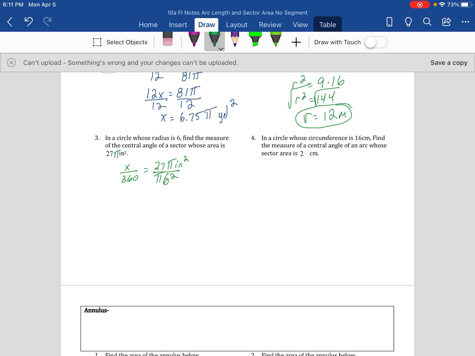I know area is pi r squared, so it's pi times 6 squared. So we have x over 360 is equal to 27 pi over 36 pi. Now what you have to think about is, is this taking up a good portion of the circle? 27 over 36. So you can kind of venture a guess. It's going to be 270 degrees if you cross multiply and solve. But 27 over 36 is 3 over 4.